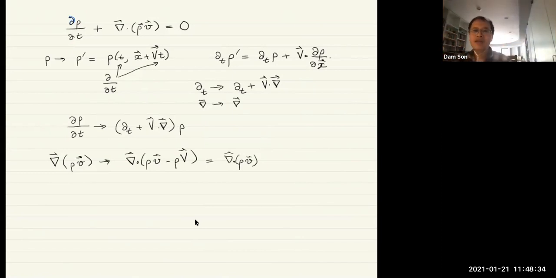You do a global Galilean boost everywhere with the same velocity, so this becomes minus v gradient of rho. So when you sum up these two contributions, you see this one and this one cancel each other. Each term in the continuity equation, or conservation of particle number, changes, but the whole left-hand side of the equation remains unchanged. So this equation is Galilean invariant.